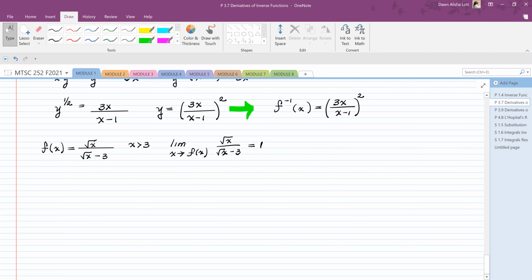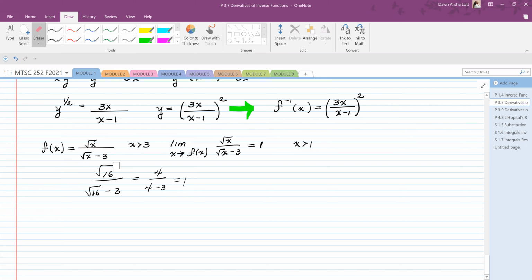Well, let me think about that. I might be wrong. If I put a 4 in here, I can't put a 4, so let's put a 16. The square root of 16 over the square root of 16 minus 3, so that's 4 over 4 minus 3, which is 1. Okay, so f will always be greater than 1.